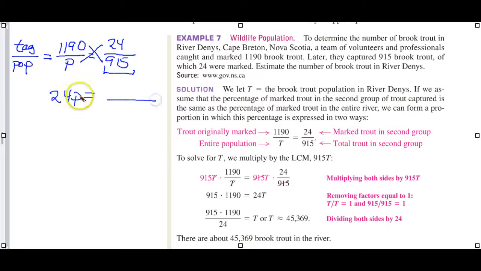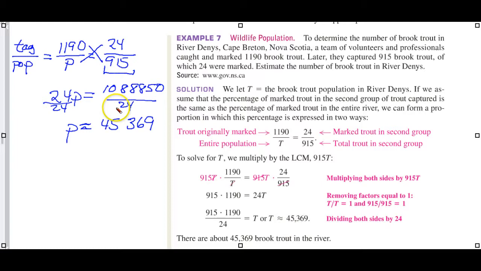It's a big number. You're going to divide by 24 here. I guess I should write that in. So when we multiply these, we get this big number. And then when we divide both sides by 24, we get our population is estimated as this, which is what they get here.